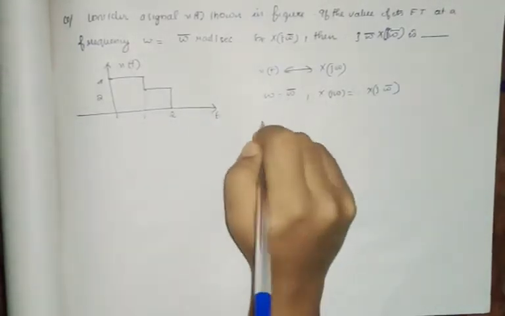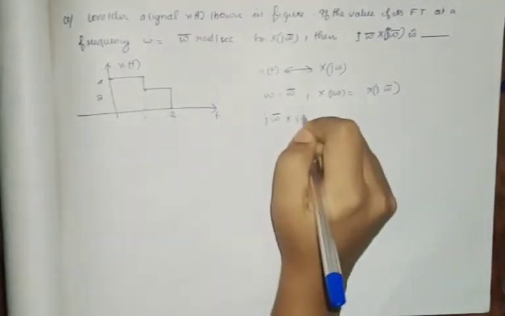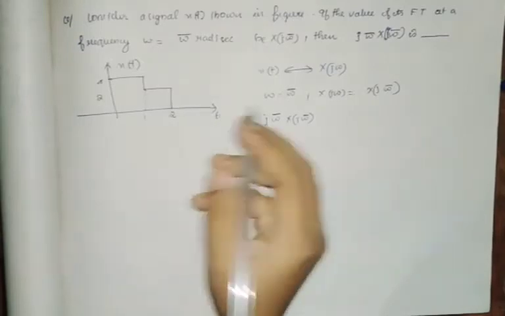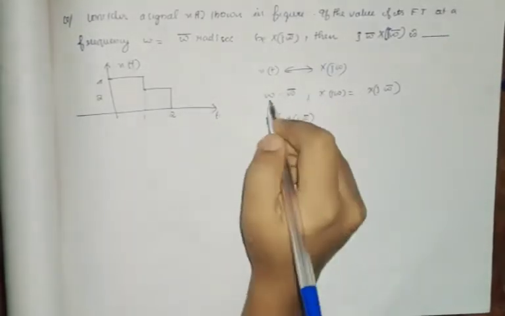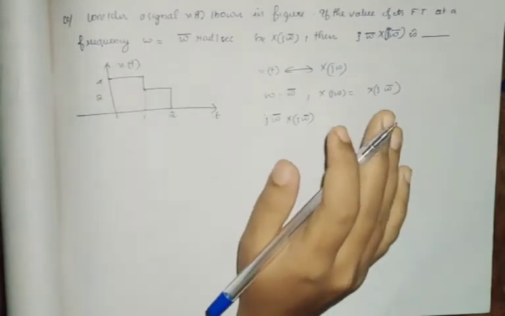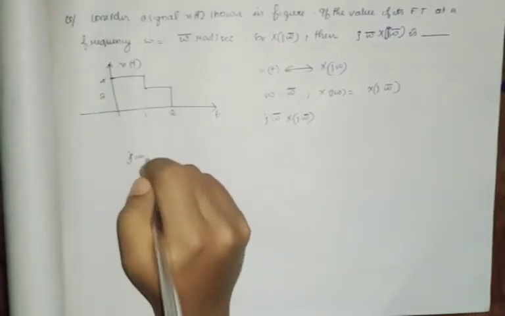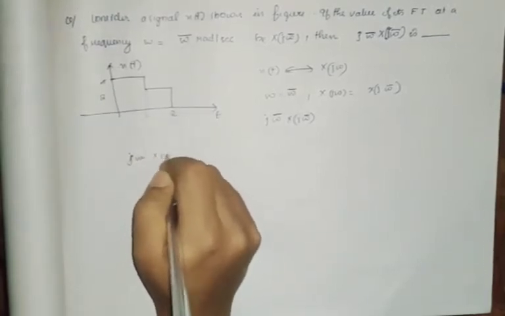Instead of that, we will first solve for x of j omega only, not for x of j omega dash. First of all, I am going to find j omega x of j omega.